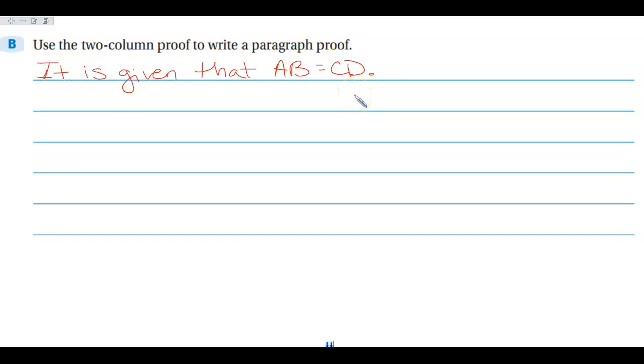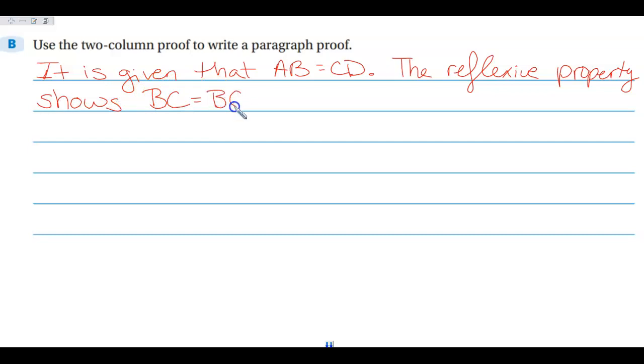If we go back, our next step is BC is equal to BC by reflexive. So then I can say the reflexive property shows that BC is equal to BC. Okay, the next thing we did was we added BC to both sides of this. So I can say AB plus BC is equal to BC plus CD by the addition property.